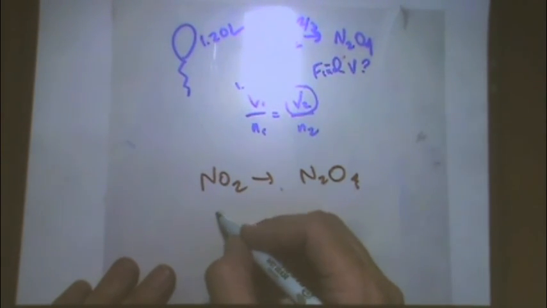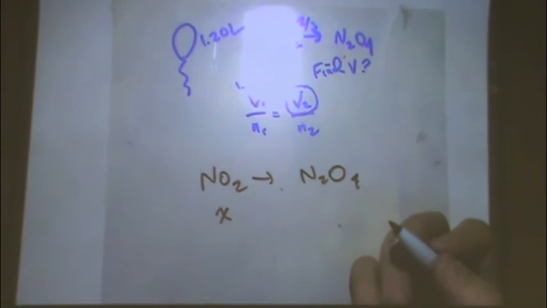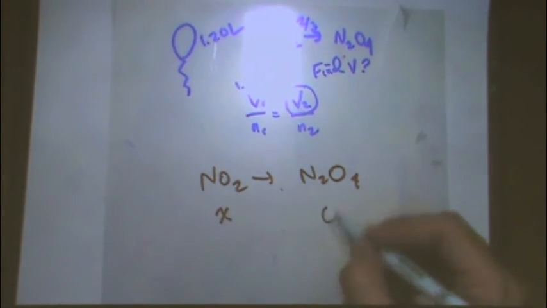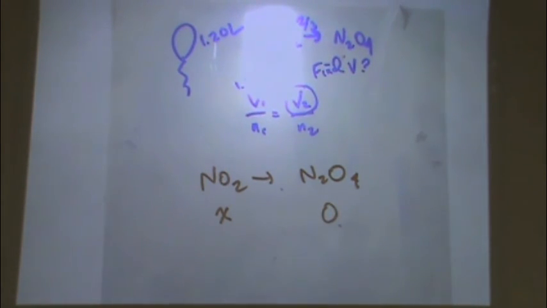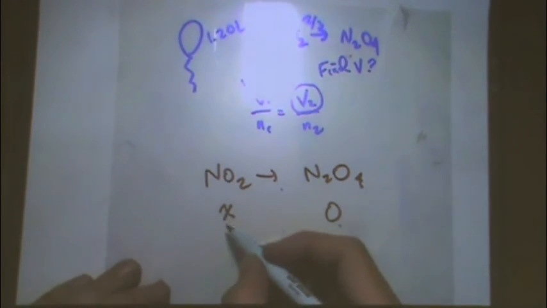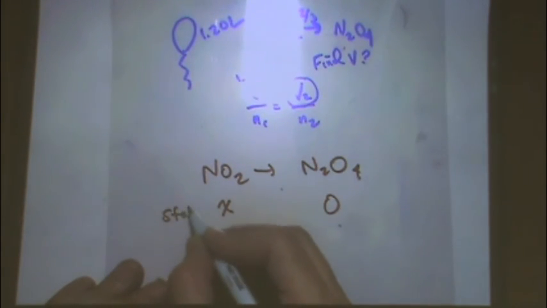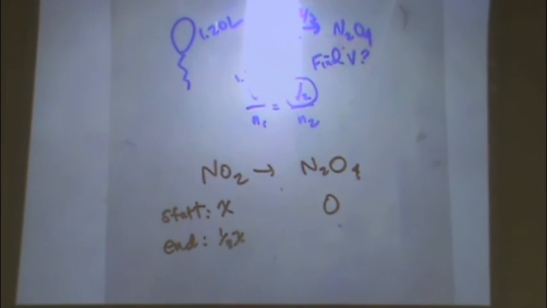Okay, let's say this is X or whatever. And this is 0 initially. It says that 2/3 of X react. So at the end, is that right, 2/3? So how much is there of this at the end? 1/3. Yeah, 1/3 of X.